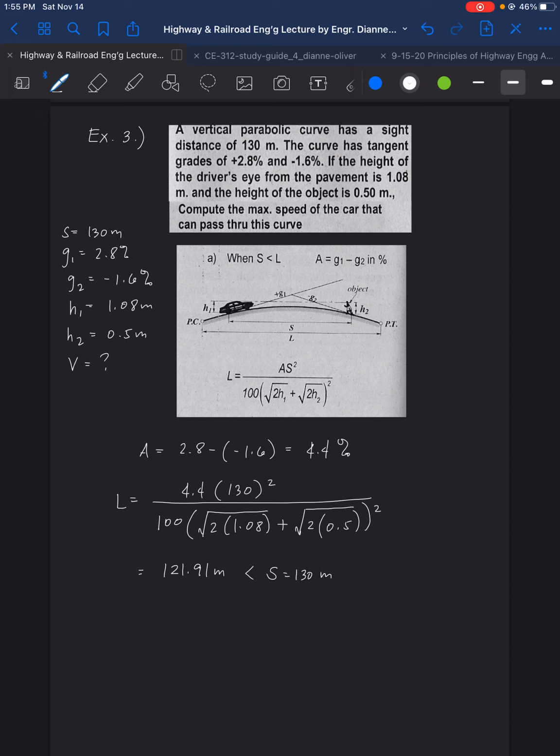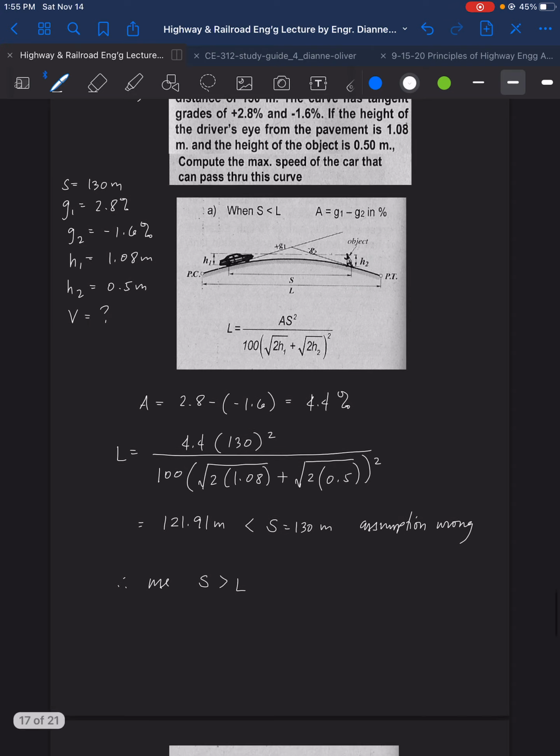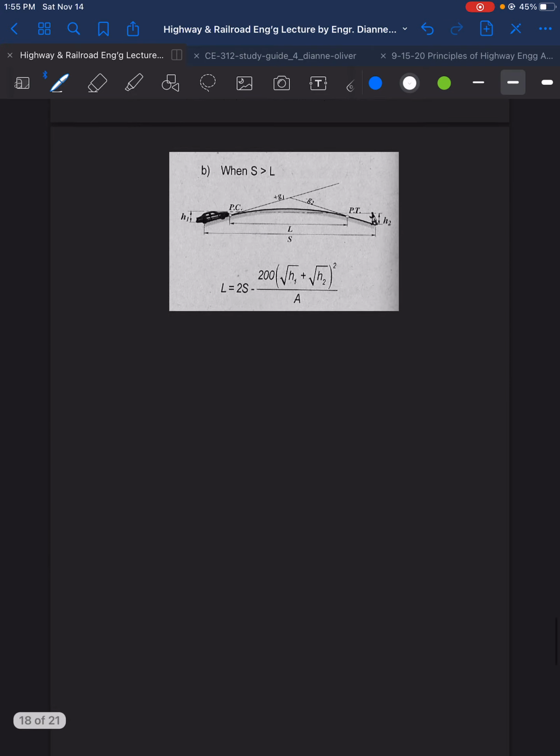Now, is the assumption correct? Take note that S should be lesser than L. Therefore, assumption is wrong. Therefore, use S is greater than L. Okay. So here we have it.